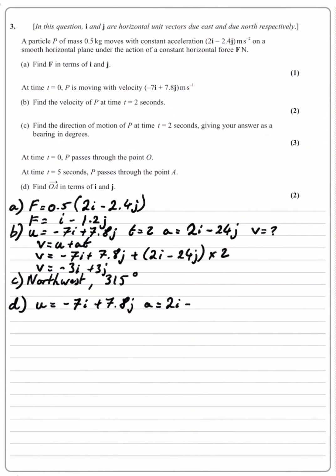For part D, our initial velocity, negative 7i plus 7.8j. The acceleration, 2i subtract 2.4j. t equals 5, and the vector OA is the displacement that we're trying to find here. So I'm going to use s equals ut plus a half at squared.